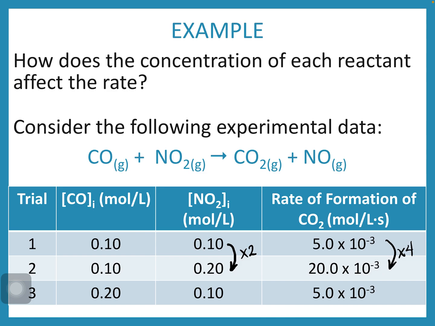So when the concentration of NO2 doubles, the rate quadruples. And when I look at carbon monoxide, we have a doubling happening there, but from here to here, there is no change happening. So the rate wasn't impacted by increasing the carbon monoxide concentration.